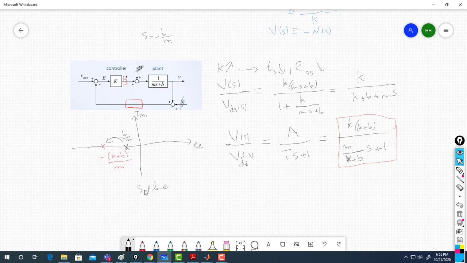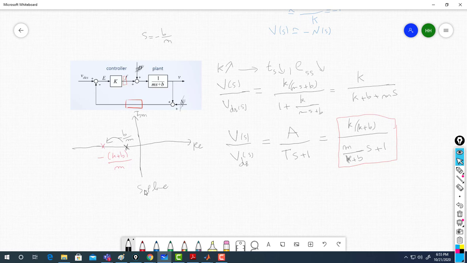Does that tell that the red system is faster? Yes. Because if you are closer to the imaginary axis, you are slower, and the further you move away, the faster it gets.